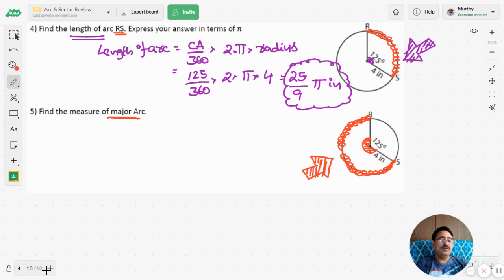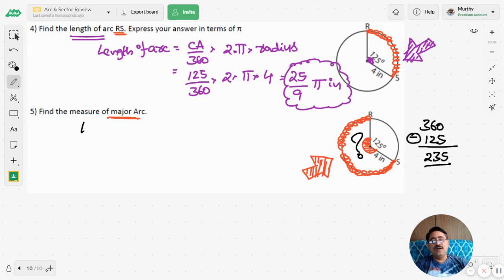No, I don't. Therefore, in such case, you have to take the total angle 360 degrees, then take away the other angle. So it is 235 degrees.